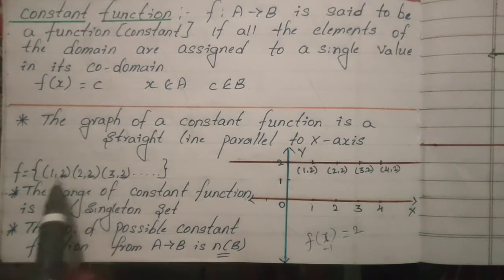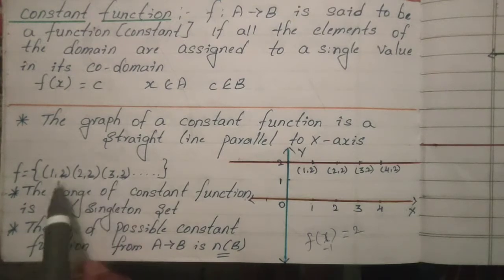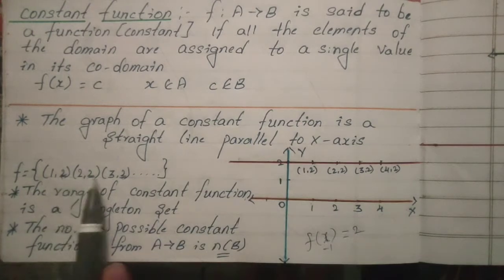Domain is changing, but range is the same. These belong to set A, but this belongs to set B. Set B has only one element. Set A, you can take 1, 2, 3, 4, 5 till infinity, minus 1, minus 2, minus infinity. But the range is 2.